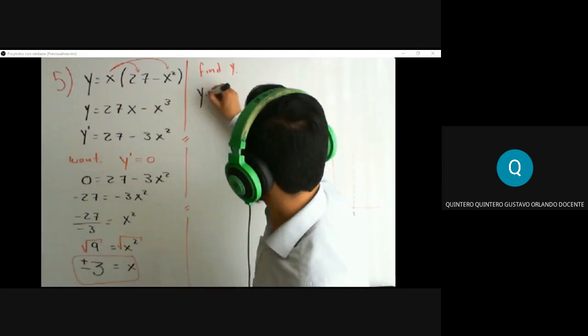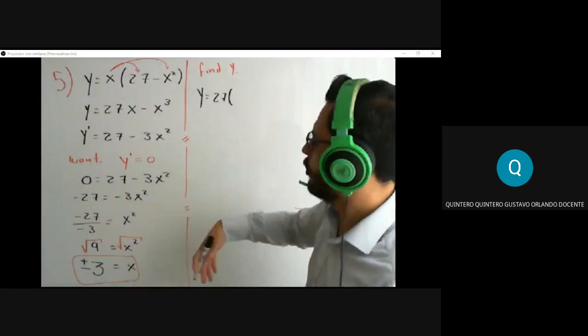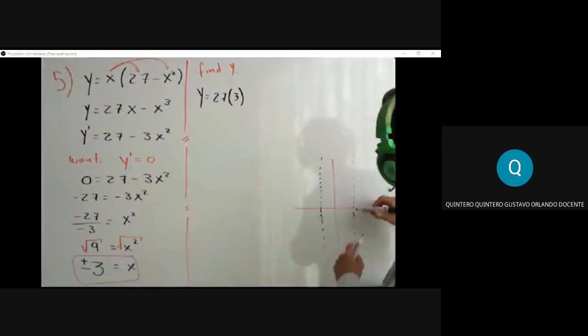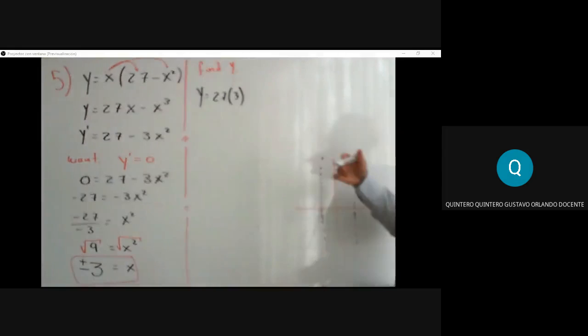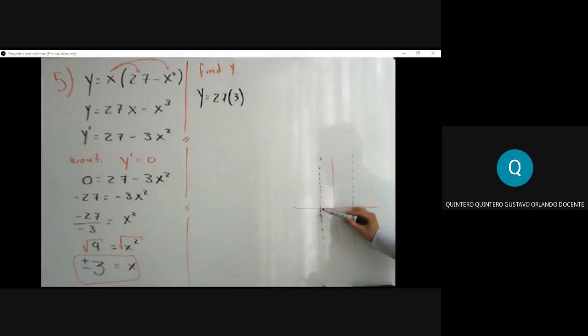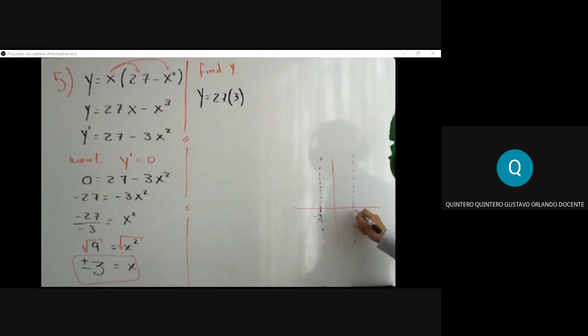So y equals 27 times x. I'm going to do it first with positive 3 to find the coordinate of the positive 3 value. And then we will do it with negative 3 to find the coordinate of the negative 3 value, right? This is negative 3, and this is positive 3, right?